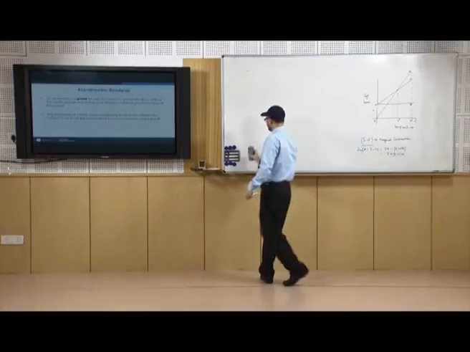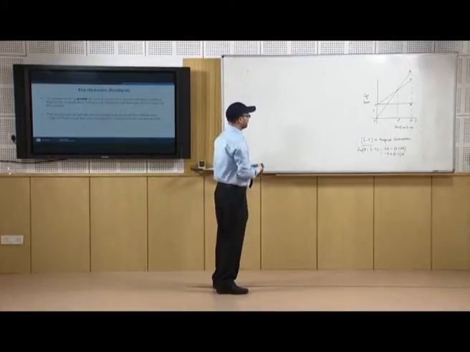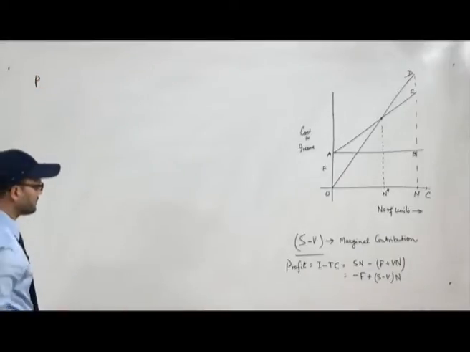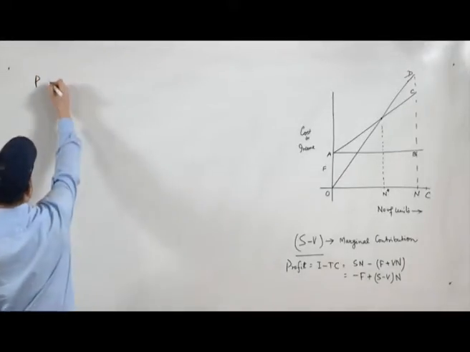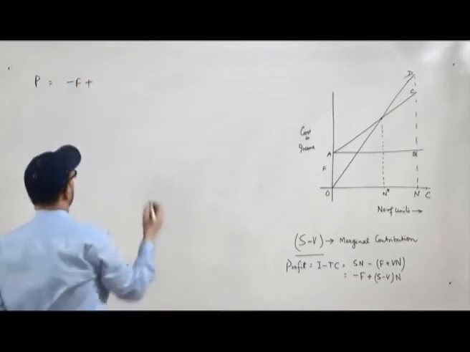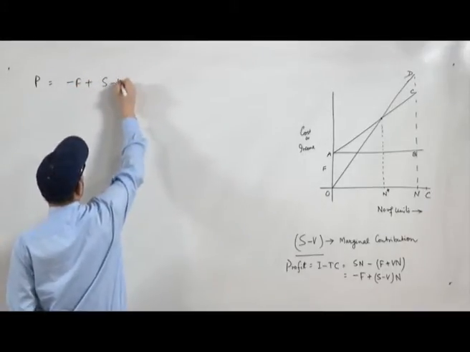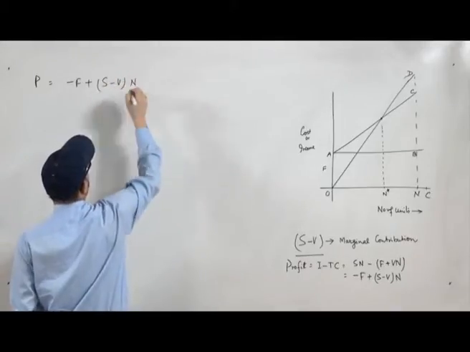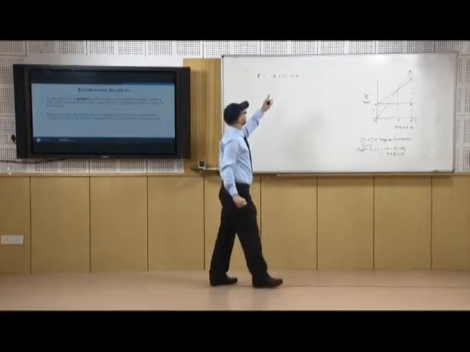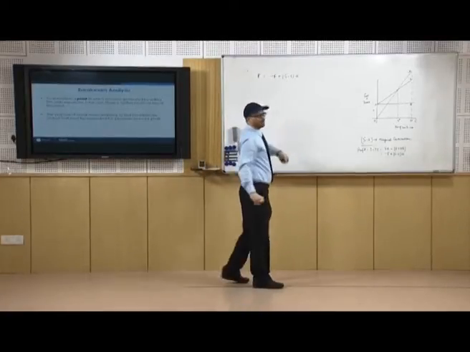Now, what we see is we have got profit as minus F plus S minus V into n. S is constant, V is constant, so this is a constant quantity.